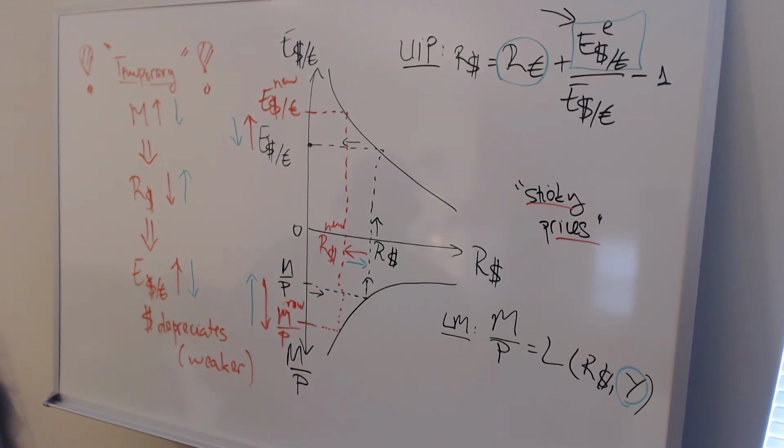What we're going to see in our next exercise, when we allow for a permanent change in the money supply, is that that's no longer going to be the case, because then we have to bring in long run considerations, which in turn will mean that we will have to adjust expectations.